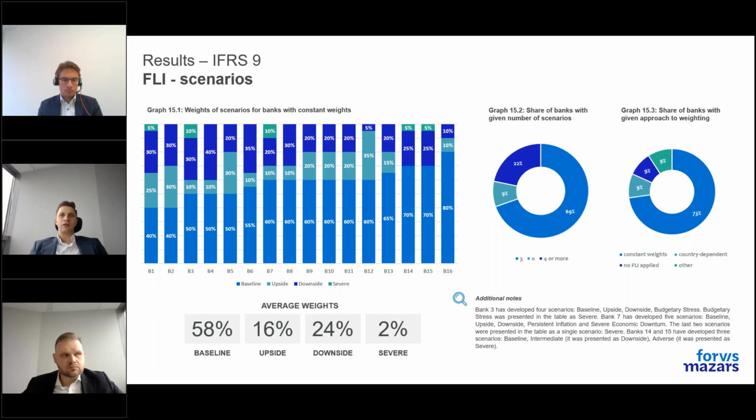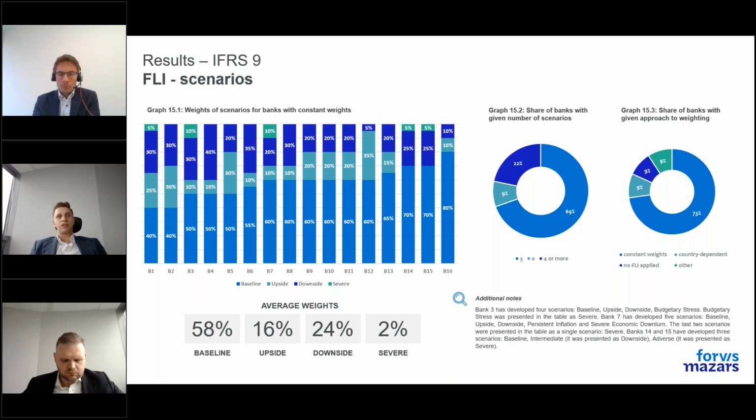Here we have included only 16 banks because these are those banks that have constant weights. In case of other banks, the weights can differ based on other criteria.